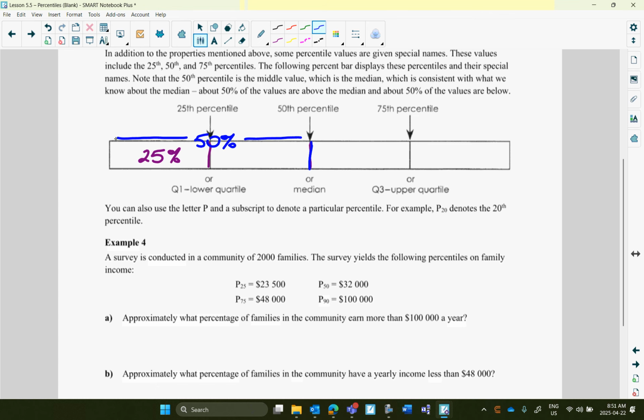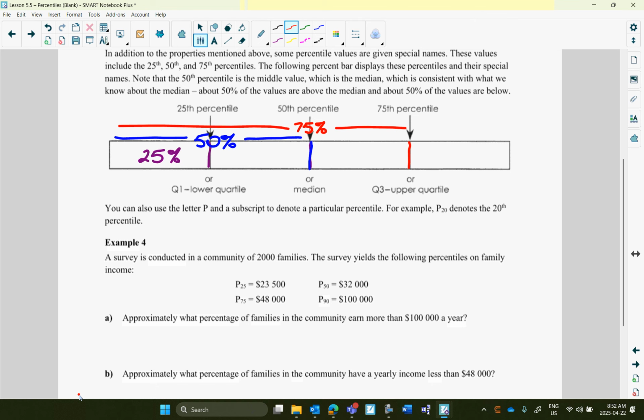If you're at the 75th percentile, what we call Q3, the upper quartile (25 is Q1), that means 75% are the same or lower. Then this would be the maximum, and this would be the minimum. So you can solve problems from here. If you were given that the 75th percentile is such and such, you could find how many data values are in the top 25%, because it's just 100 minus those. We'll see that in a few examples.